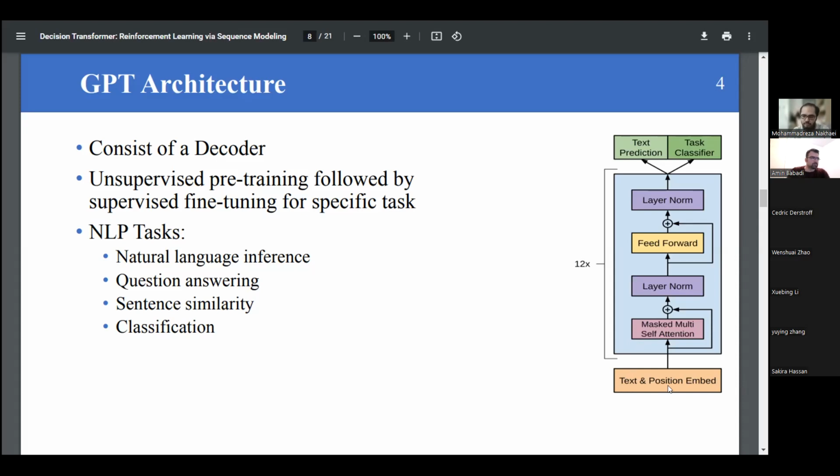Secondly, instead of text prediction and text classifier, these modules are deleted and the next action is predicted. Finally, instead of the 12 blocks, they use the number of blocks as a hyperparameter for different environments. In some environments it was 3 and for others it was 4. So the model has fewer parameters and it is trained faster.